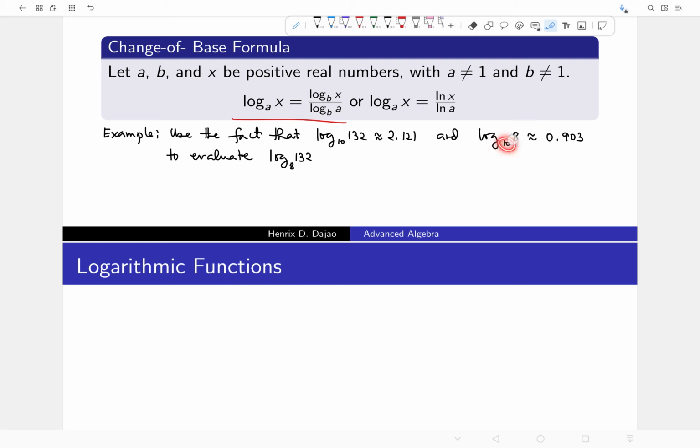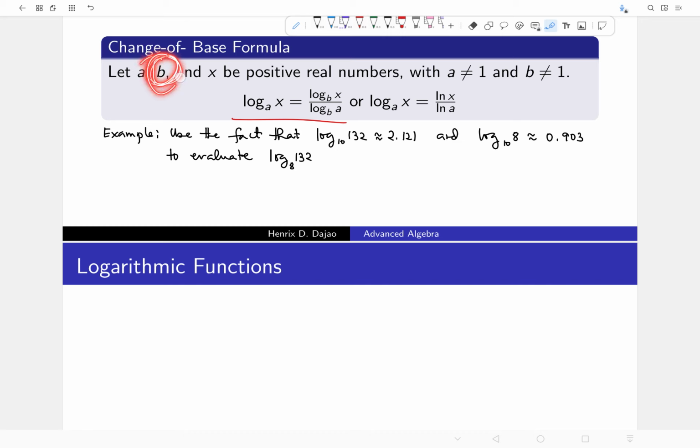Log of 8 with base 10 is approximately 0.903. So these are the approximated values, to evaluate log base 8 of 132. In this example, we will choose b to be equal to 10. Usually, b will be equal to 10. But we're not restricted.